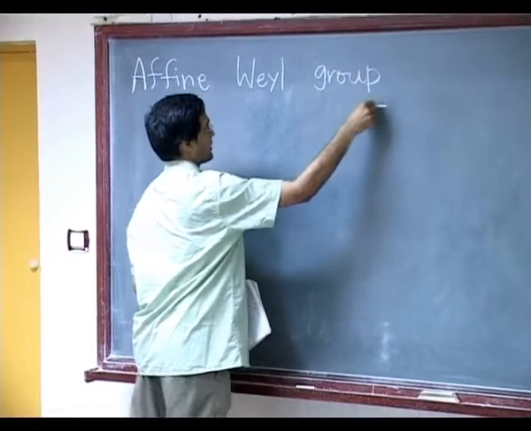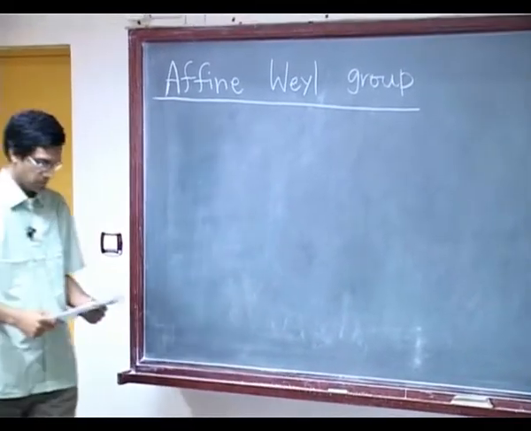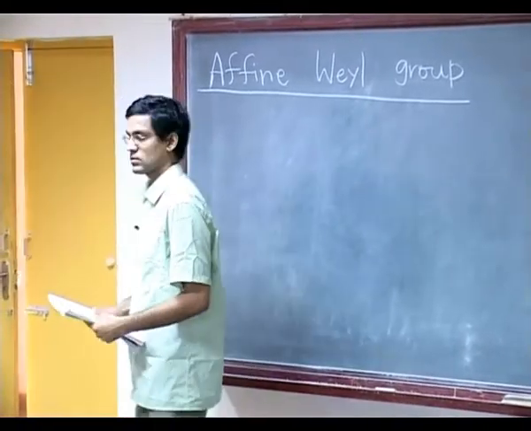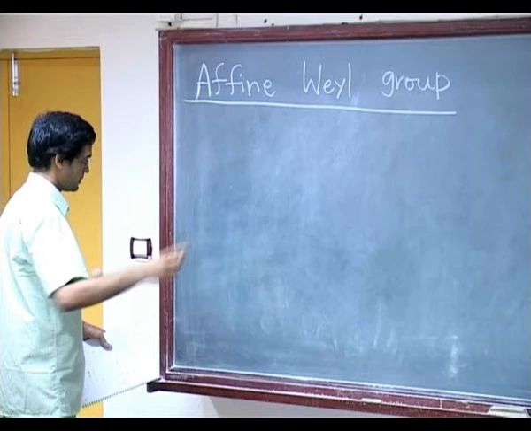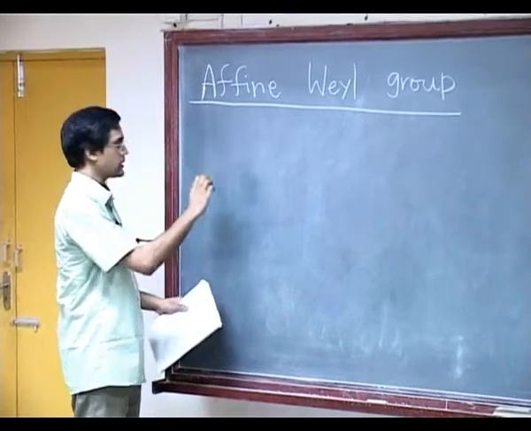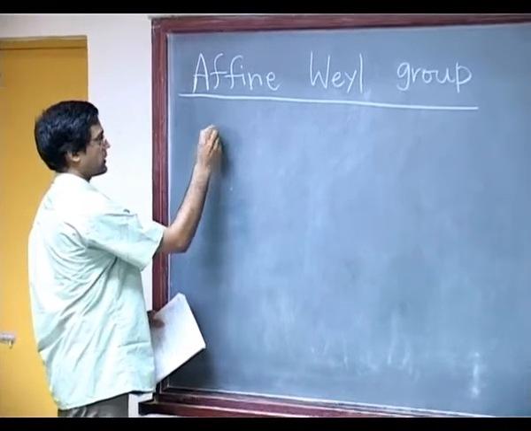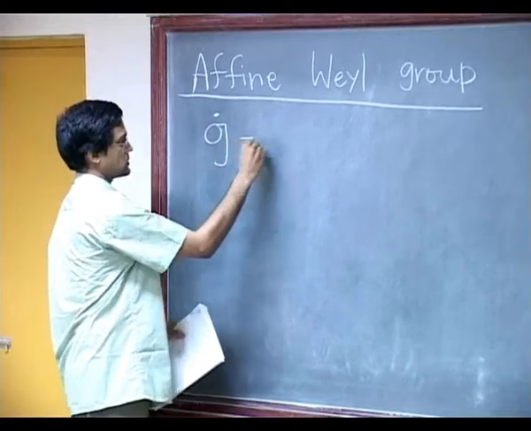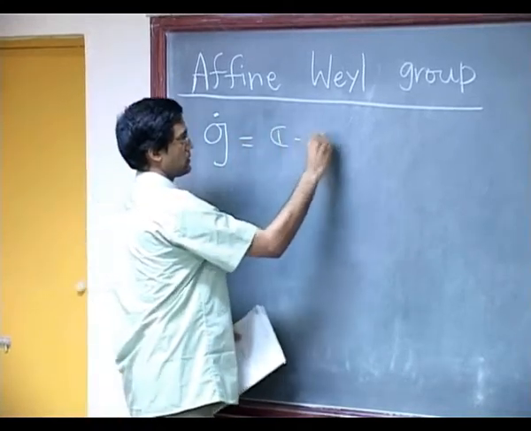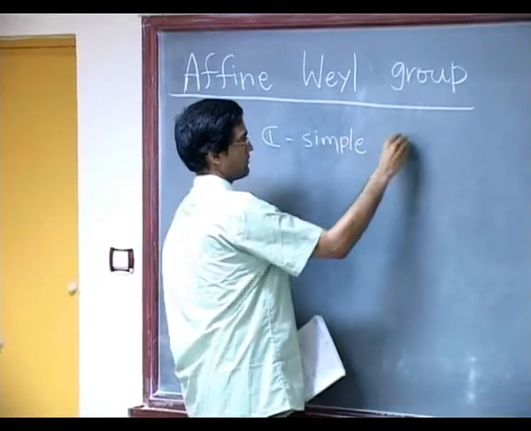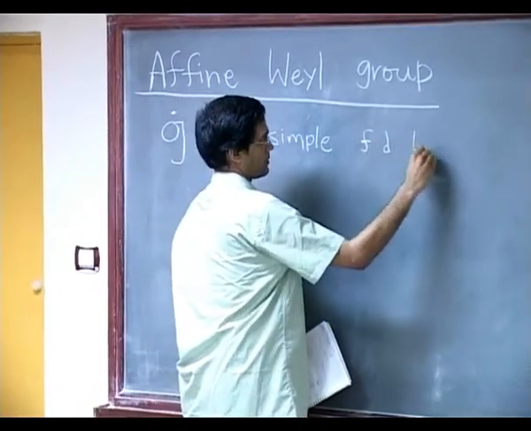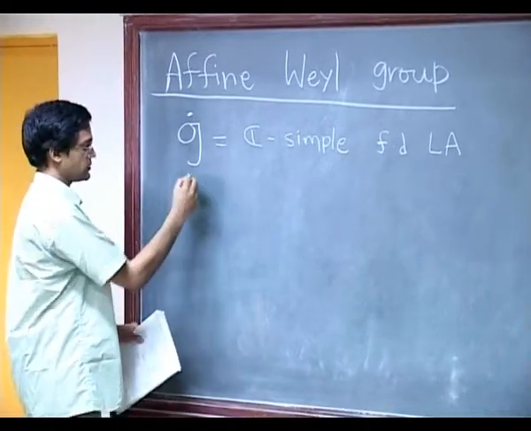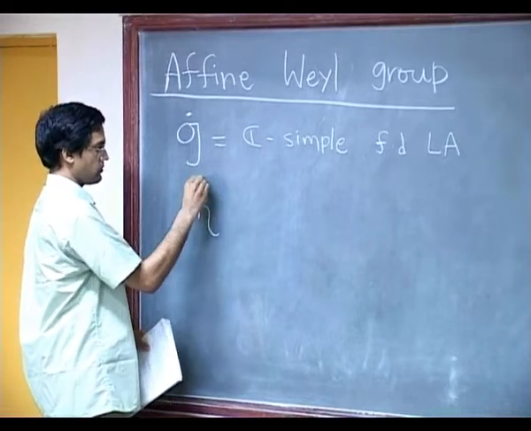The Weyl group of an affine Kac-Moody algebra, and I am just going to simplify my life a little bit. So recall this morning that the basic ingredients are, we start with some finite dimensional simple Lie algebra, let's call it G with a dot on top. This is some complex simple finite dimensional Lie algebra, and of course it's got a Cartan subalgebra which we will denote H with a dot on top.